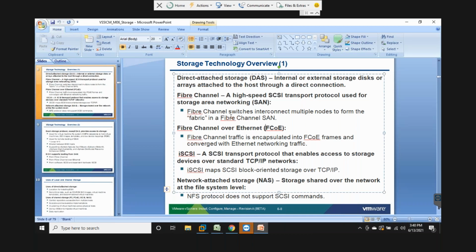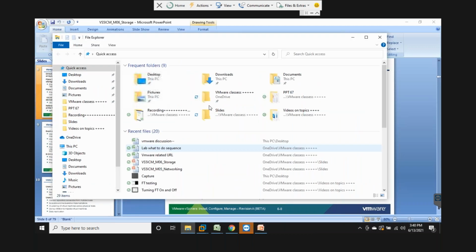Now our third category in storage technology is FCOE. So what is happening actually, you have one LAN connection, another one is your fiber channel connection. Okay, so in the market, to optimize the cost for less critical infrastructure, we can have those kind of switches which support both storage as well as network traffic.